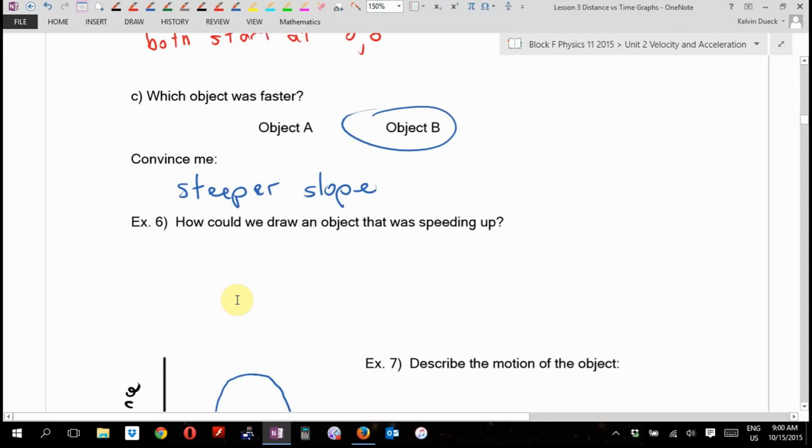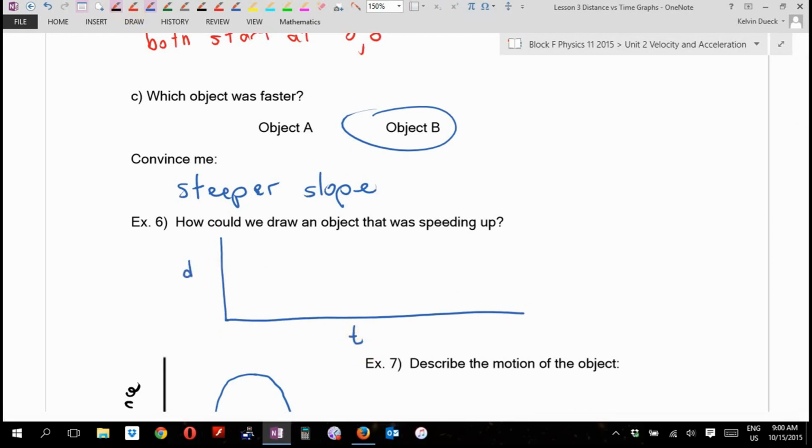How could we draw an object that's speeding up? Is that an increasing speed? If you're speeding up, what did I say you could replace the word speed with on a distance versus time graph? The key idea. What's the key idea?